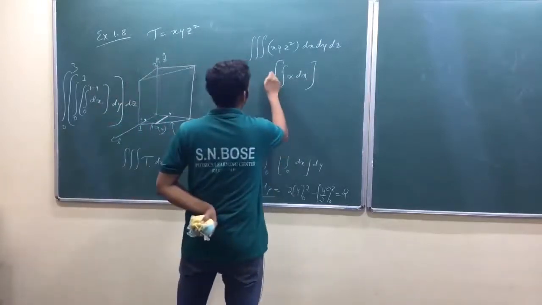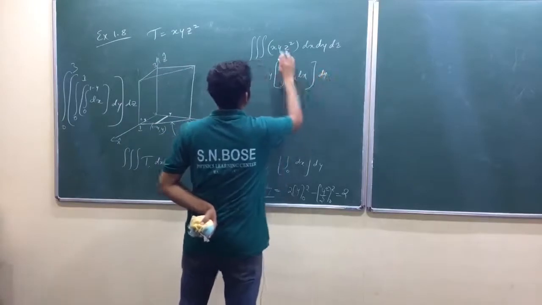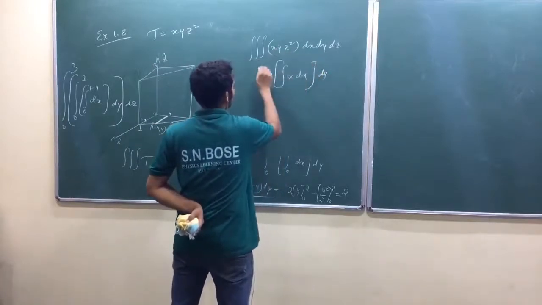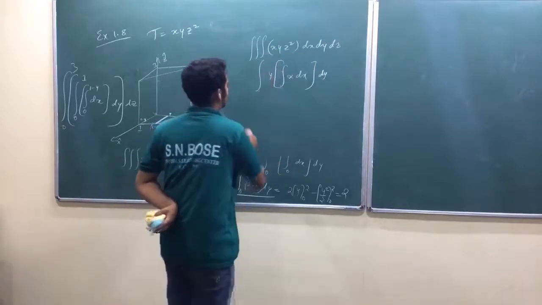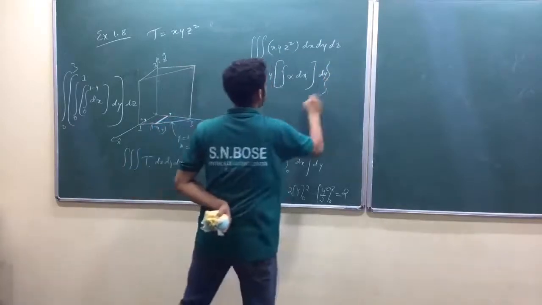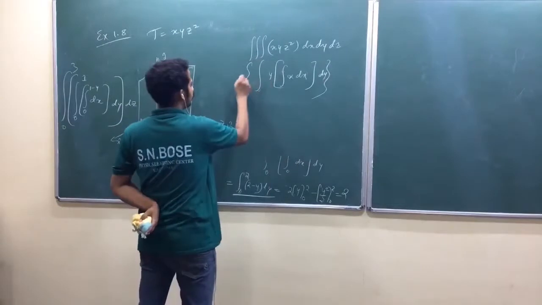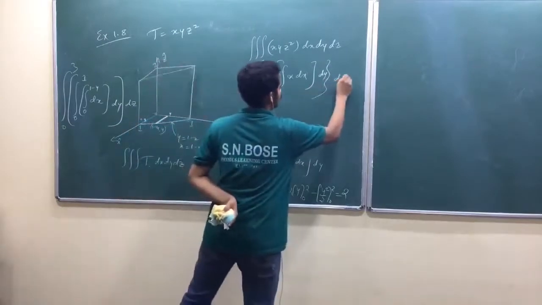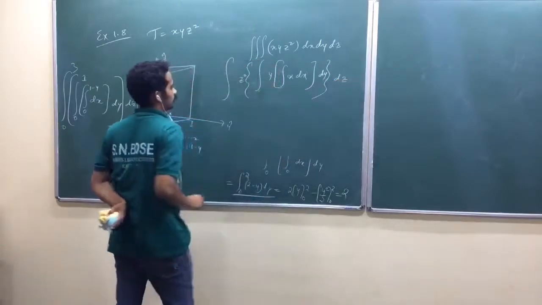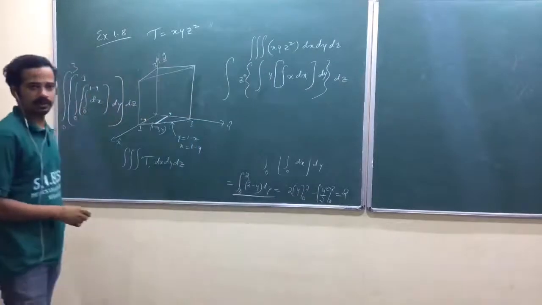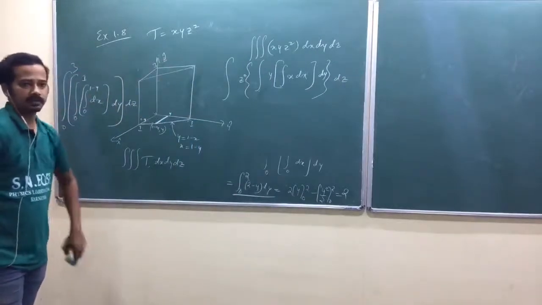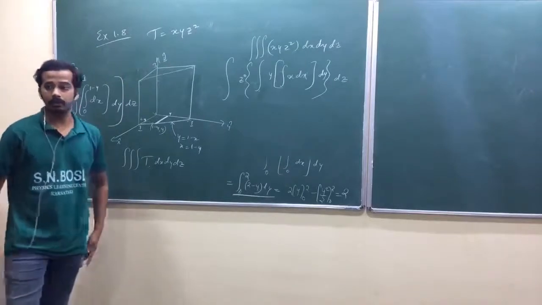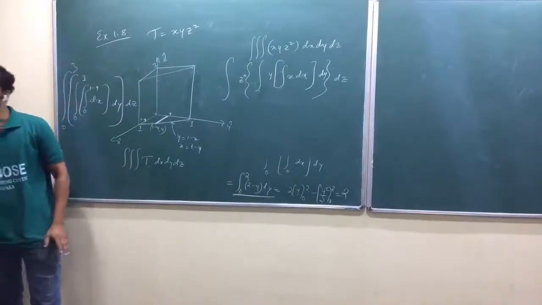Then a y variable, dy, y integral. Then look here, the z variable is z square dz integral. Write like that, isn't it? Again you can do it in any order, okay? You can do in any order.